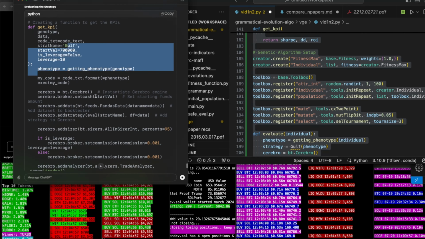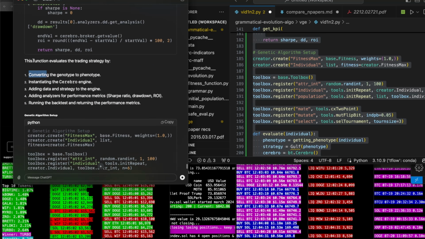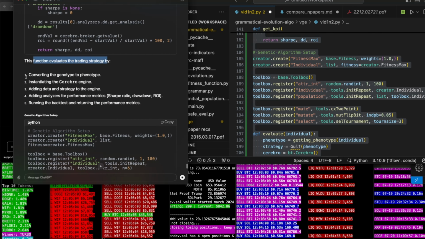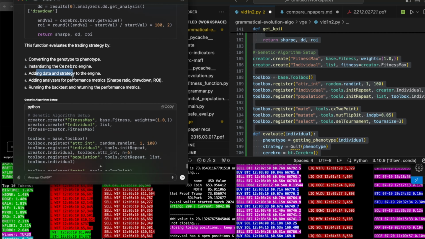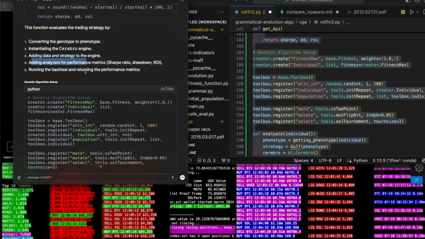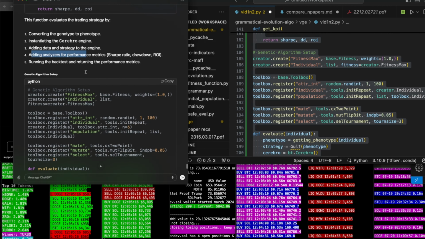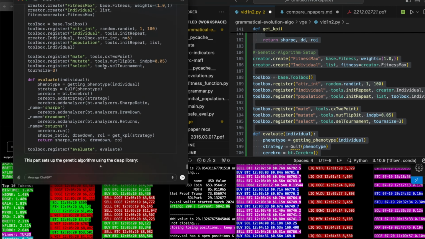You can see this is the KPI part, what we're looking at, the KPIs. So this function evaluates the trading strategy by converting the genotype to phenotype, instantiating the Cerebro engine, adding data and strategy to the engine, adding analyzers for performance metrics like Sharpe ratio and drawdown, ROI, running the backtest and returning the performance metrics.